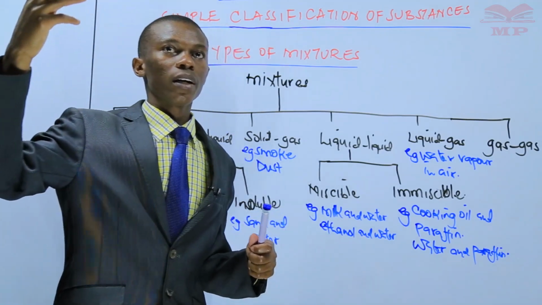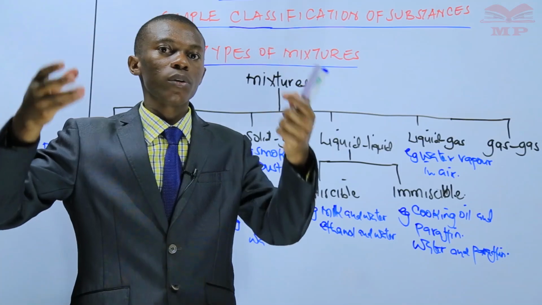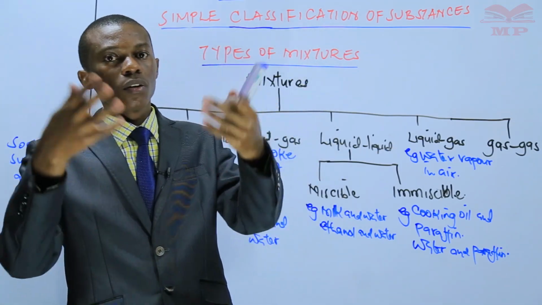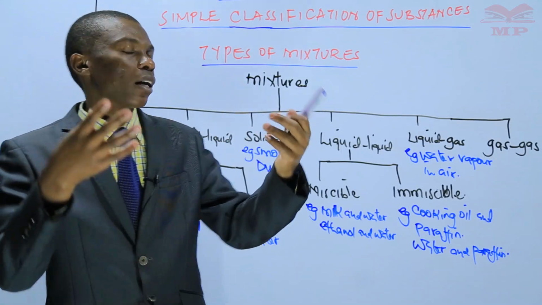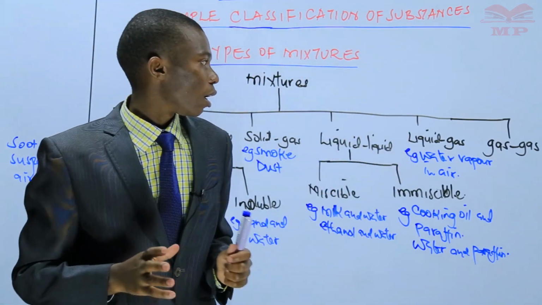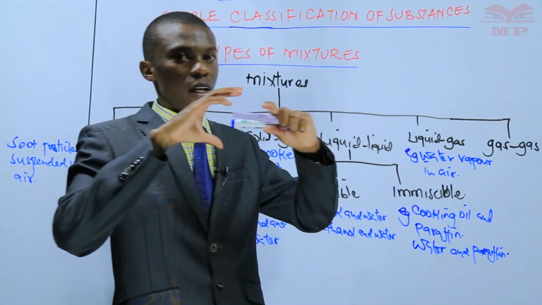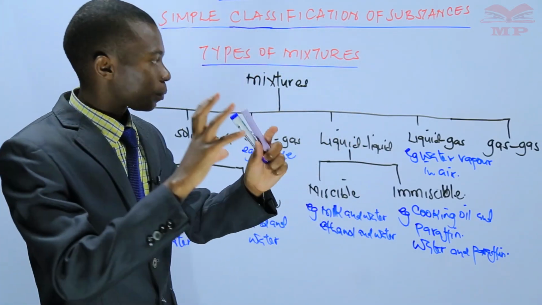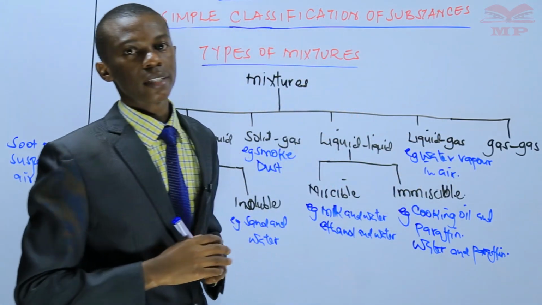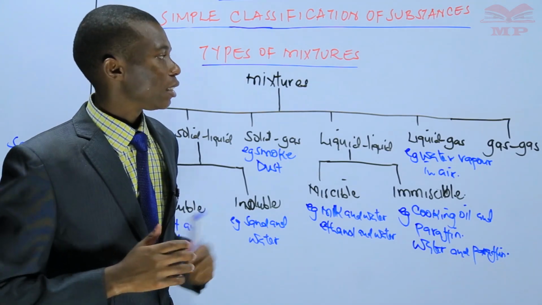That water vapor mixes with air, which we have said is a mixture of gases like oxygen, nitrogen, carbon dioxide, and noble gases. Water vapor is just water in gas form. So when they combine, we have water and air as an example of a liquid gas mixture.